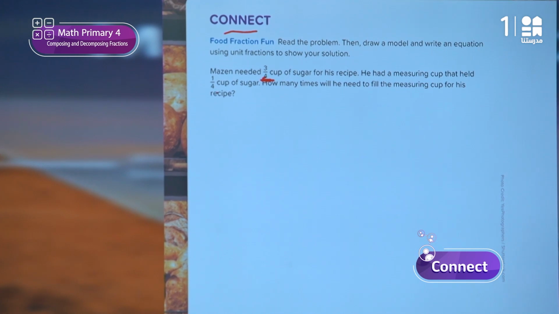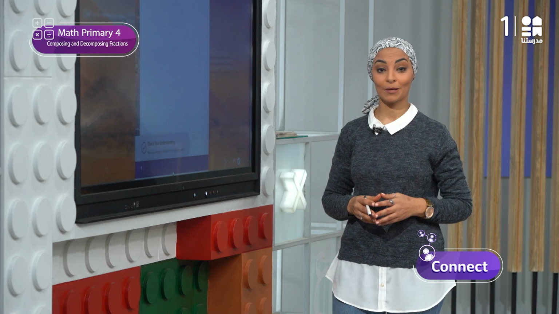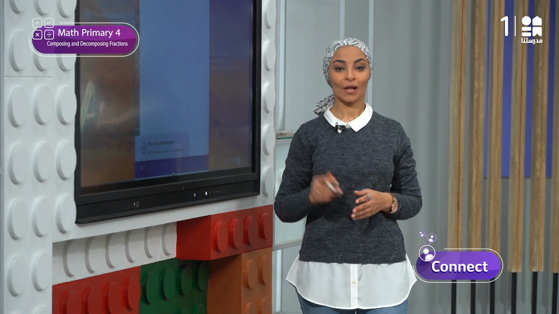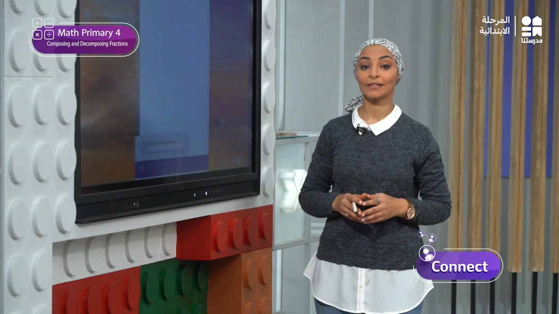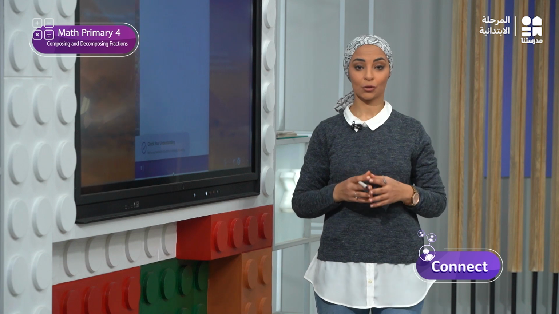How many times does he need to fill it? I will give you some time to think of the answer to this problem using the decomposition we have learned. I want you to draw a model for it and write an equation using unit fractions to explain your answer.